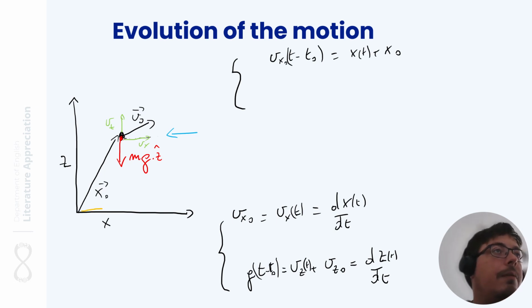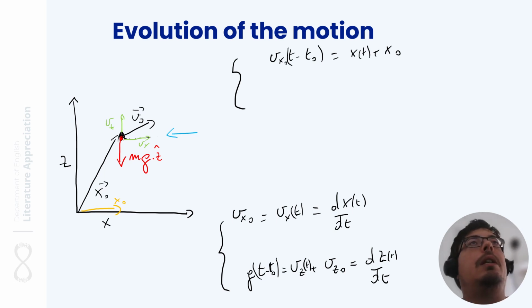We have it because we have the vector x0, and this is the component x0 of the vector. So we have everything we need to solve the motion in the x direction, which is a uniform motion with a constant velocity.